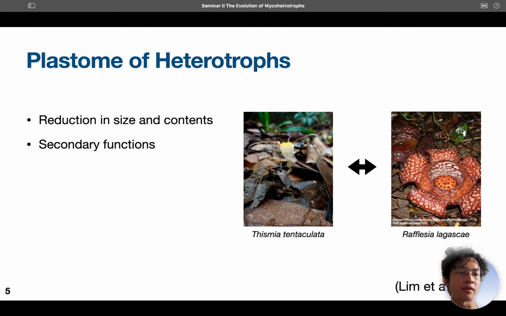And in extreme cases, like in the Rafflesiaceae, the plastome is totally lost. But somehow it managed to store some information about the genes, how to reconstruct the plastid, because they found a structure that looks like the plastid, but it's not, in the flower tissue of this Rafflesia.